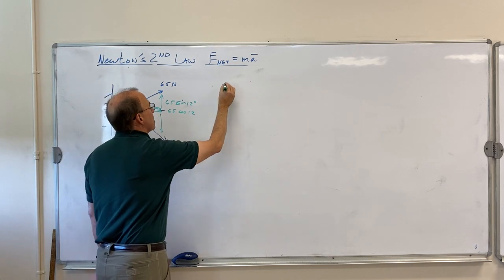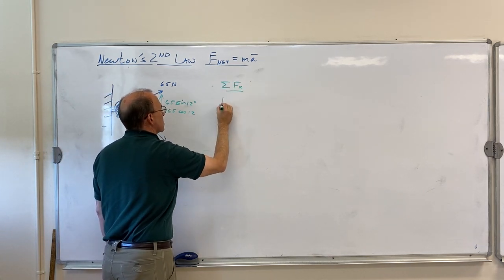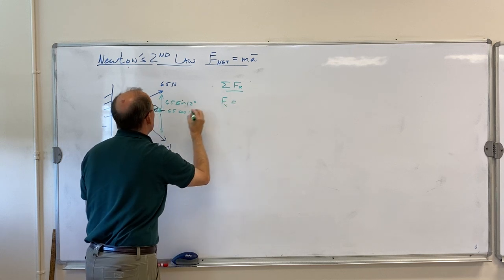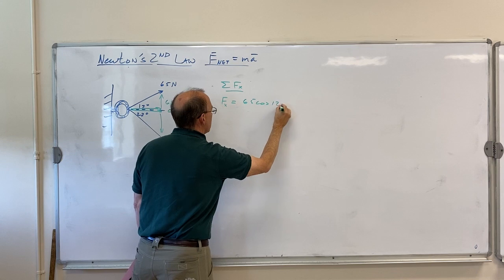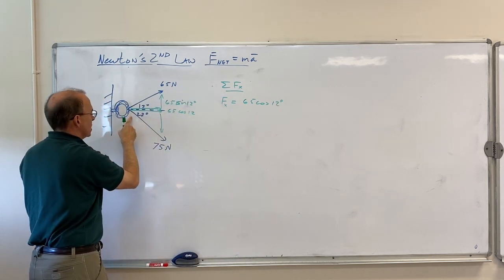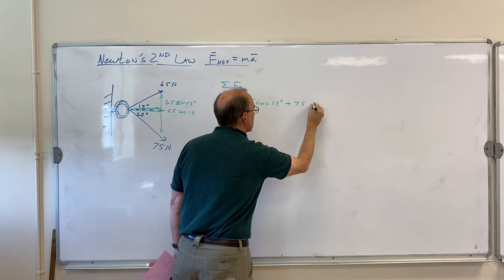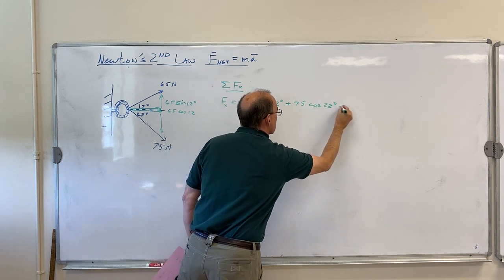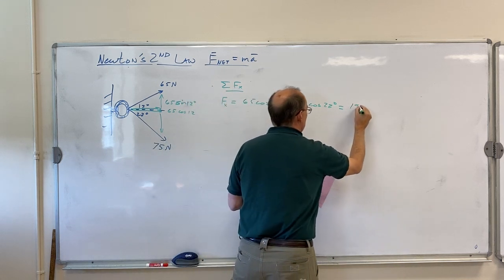So let's look at those. The sum of the Fx says our Fx will be 65 cosine 12. This one is 75 cosine 22. And I've added those. That gives you 133 newtons.